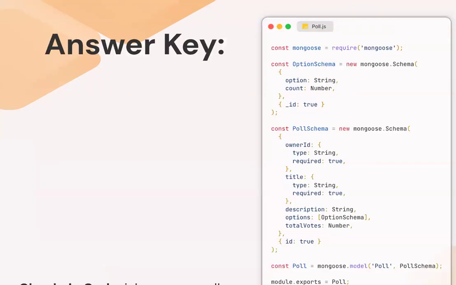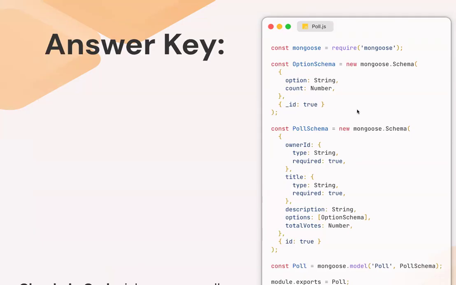Yeah, so this is the answer key for poll.js. You can see at the top, you're importing the Mongoose module. And then you have the given option schema, which shows option, which is a string, and then count, a number, and then the ID of that option.